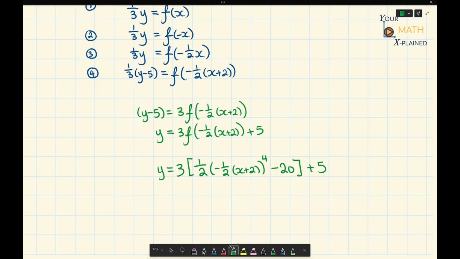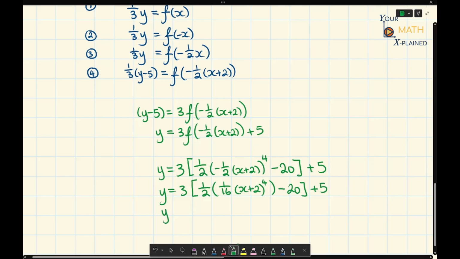Okay, and now we're just going to simplify this a little bit. So we get y is equal to 3 times 1/2 times, negative 1/2 to the power of 4 is going to be 1/16. And then we have x plus 2 to the power of 4 minus 20, and then plus 5.